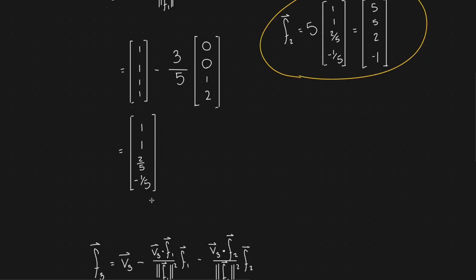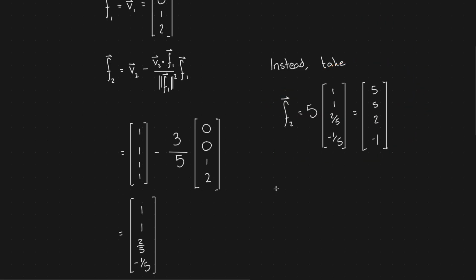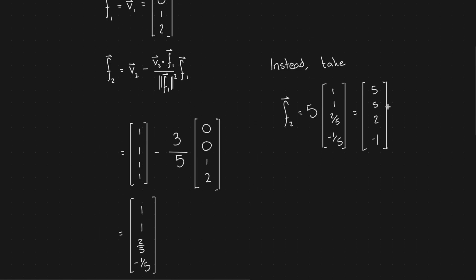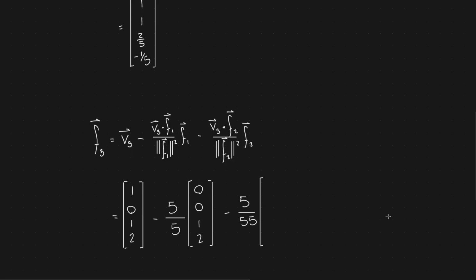And we really don't want to take the norm of that one. So again, very nice that we could do this. Okay, so the norm of F2, I have 5 squared is 25, plus another 25 is 50, plus 4 is 54, plus 1 is 55. So the square root of 55 squared, I get 55. Times F2, which is 5, 5, 2, negative 1.